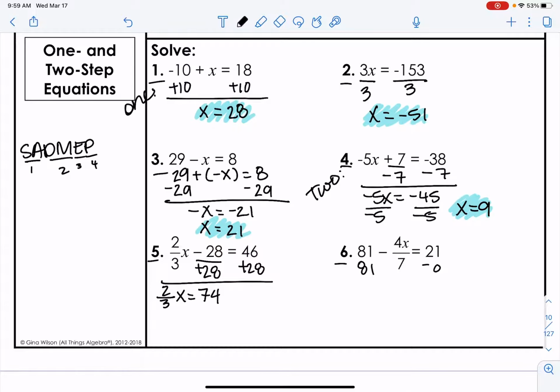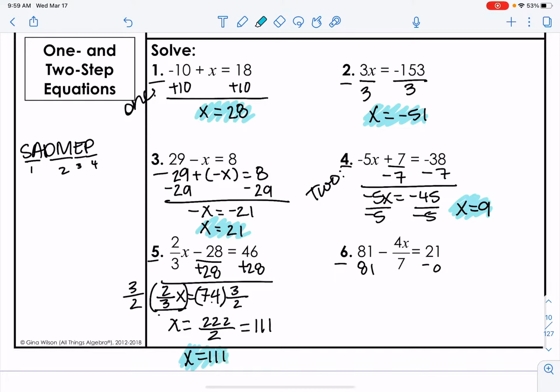The last step, I will divide both sides by 2/3, which is just the same as multiplying both sides by 3/2. And I know that 74 times 3 is 222, and then I'll have a 2 in the denominator, and that 222 divided by 2 is 111. So my x is equal to 111.